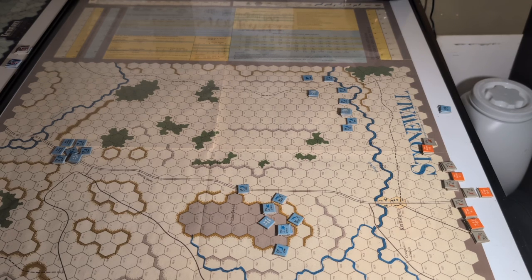It has multiple scenarios. And when I start that game, I'll talk about the credits for that. But we're doing a historical battle over there. And that game will start at 120.